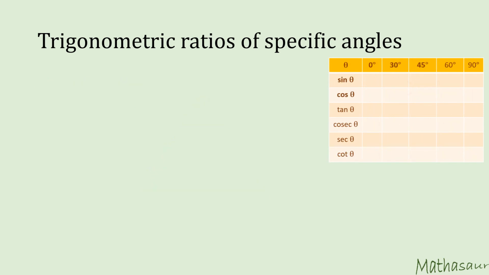Now how do I remember this complicated table? We only need to remember the sine and cos value for 0, 30 and 45 degrees. If we know these 6 values, we can easily fill up the rest of the table. Recall that sine and cos value for 60 degrees are interchanged with the values for 30 degrees. So, I can write 1 by 2 as cos 60 and root 3 by 2 as sine 60.